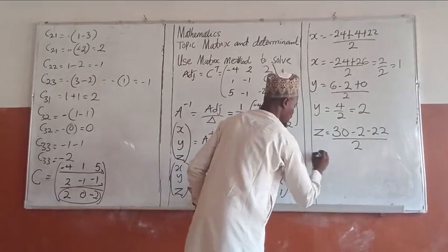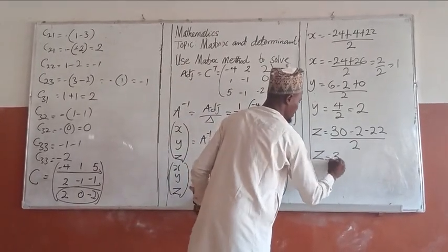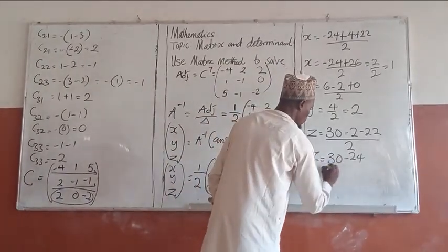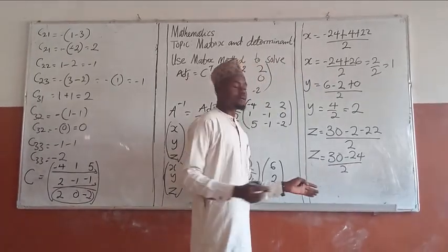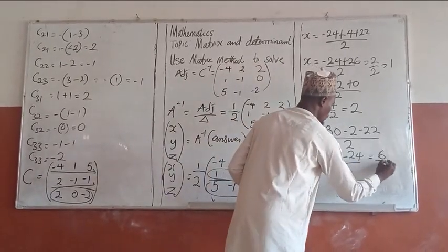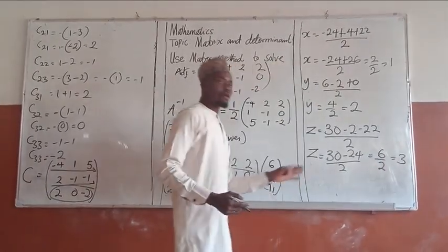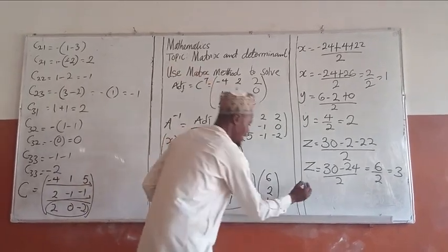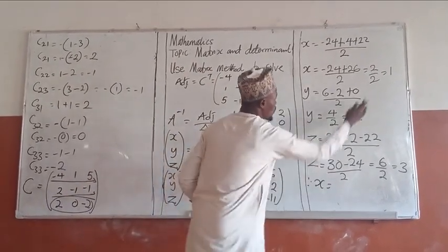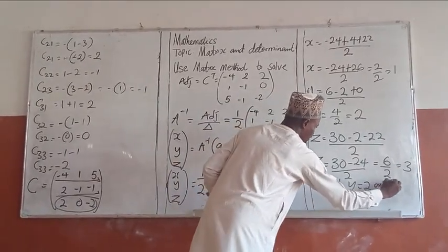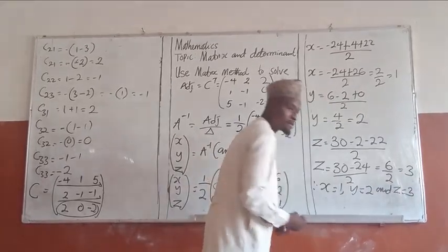Z is equal to 30 minus 2 minus 22, which is 6, over 2. And 6 divided by 2, we have 3. The value of Z is 3. Therefore, X equals 1, Y equals 2, and Z equals 3 respectively.